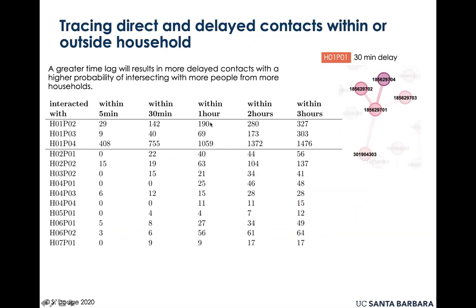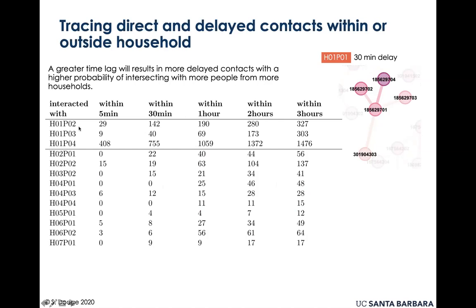Looking at within household and outside household, we can see that by increasing the delay, there is a chance that you identify contact or delayed interaction outside household. Obviously, the interaction between individuals within household increases too, but we also identify more interaction with other households. So the H would be the household, and that is the person ID.